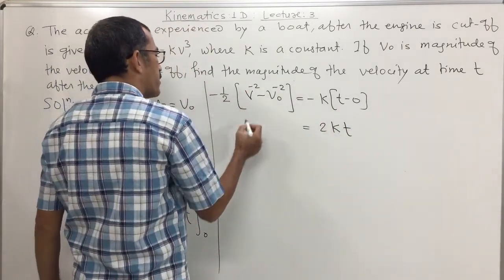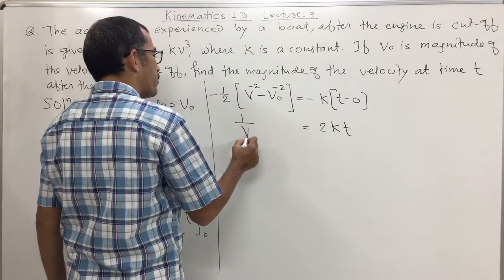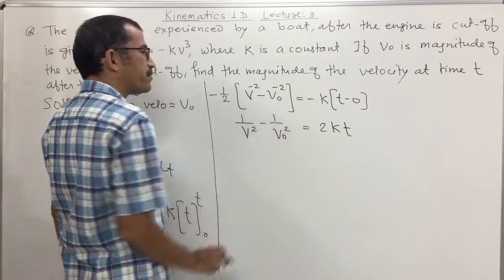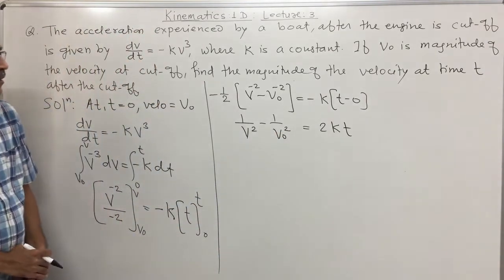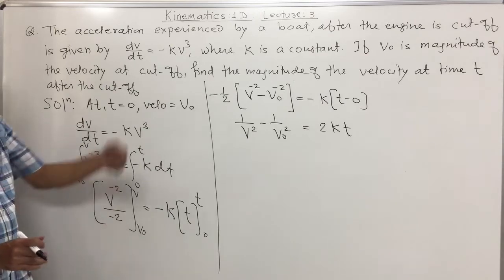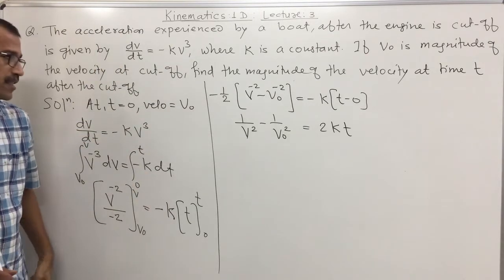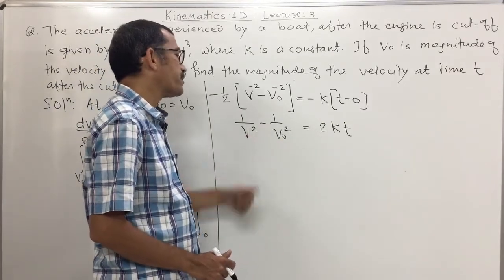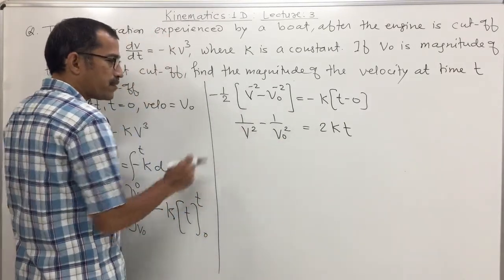Can you write this as 1 upon v square minus 1 upon v naught square, that is v raised to minus 2. What is the problem asking? Find the magnitude of velocity at any time instant t. That means at any time instant you are interested in v.